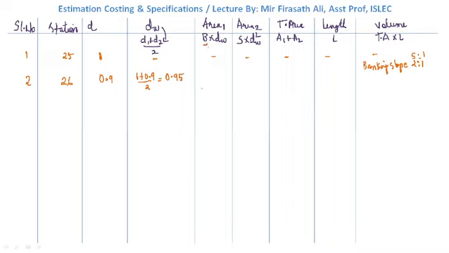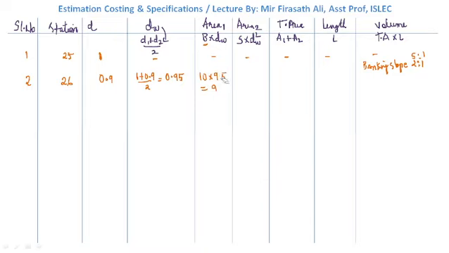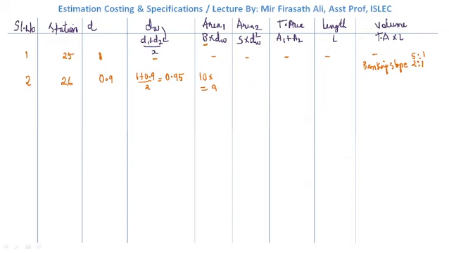B, what is the formation width? It is given as 10. So 10 into 0.95, sorry for this mistake, which is equal to 9.5 meter square.